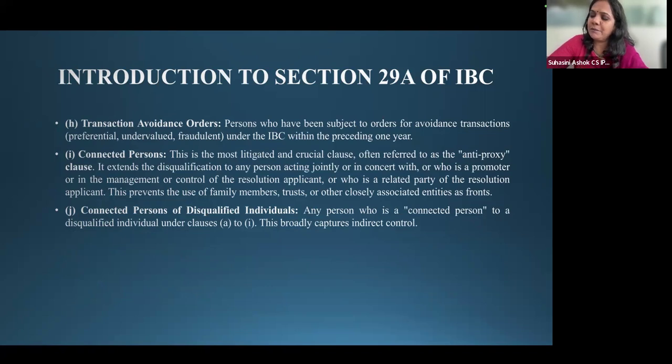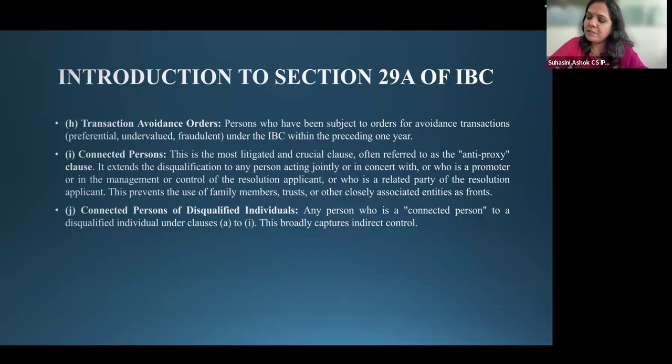Usually in the IBC market, people call this the anti-proxy clause, because here the disqualification extends not only to the person who is submitting, but also to the persons who are acting jointly or in concert with the person who is submitting, who may be a promoter or in the management or control of the resolution applicant, and who is also a related party of the resolution applicant.